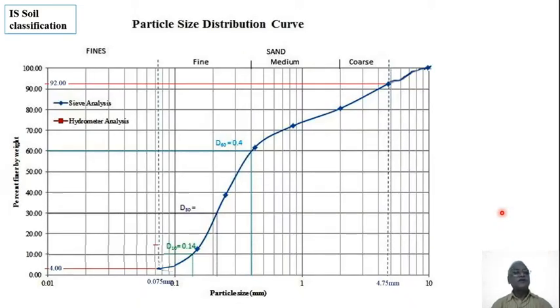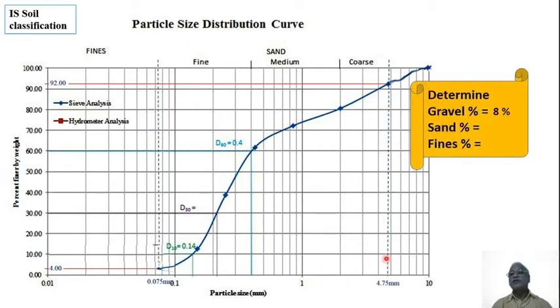The particle size distribution curve we have already seen. Here with respect to 4.75 mm, 92% tells us that particles finer than this size are 92%, that is to say 8% are gravel. Like that the analysis goes.